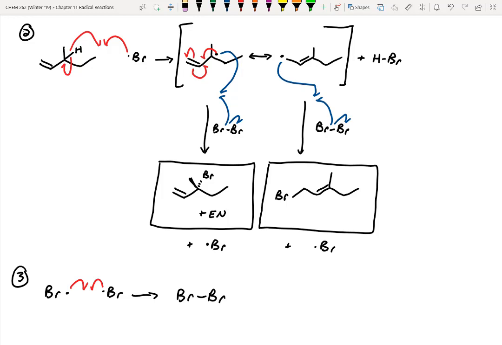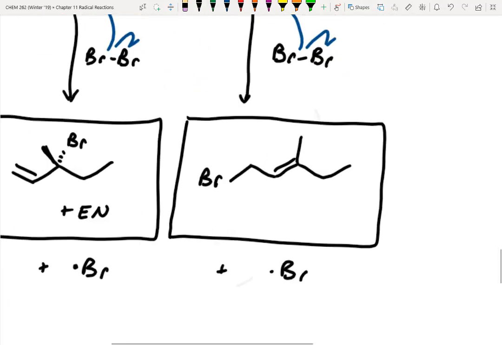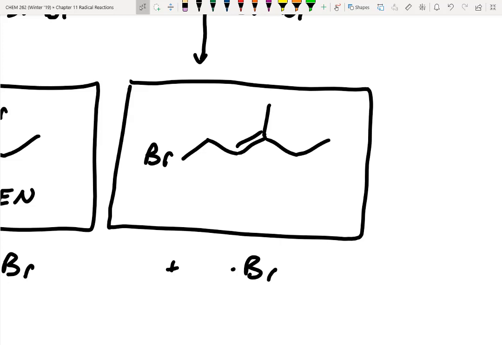Would this keep continuing for the other side of the carbon as well? That's a good question. If we have excess NBS, we could potentially do another bromination. For example, let's think about this compound right here. We could ask where the next most reactive hydrogen is.